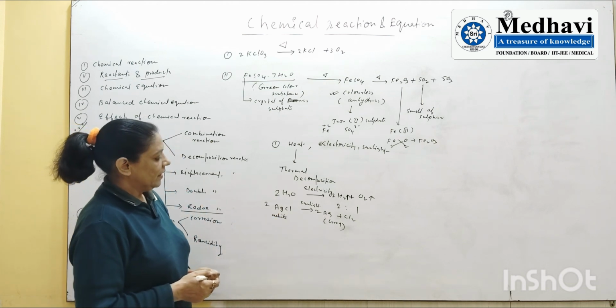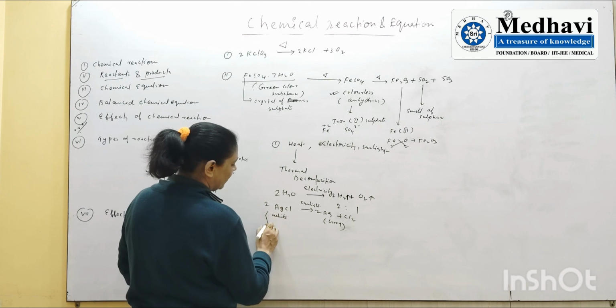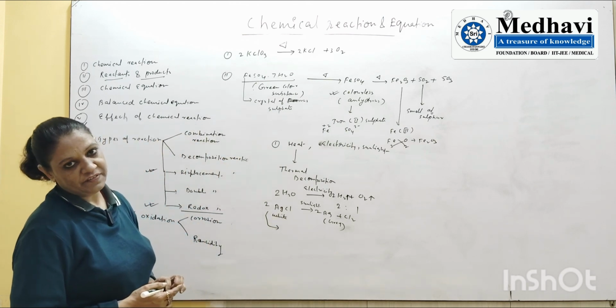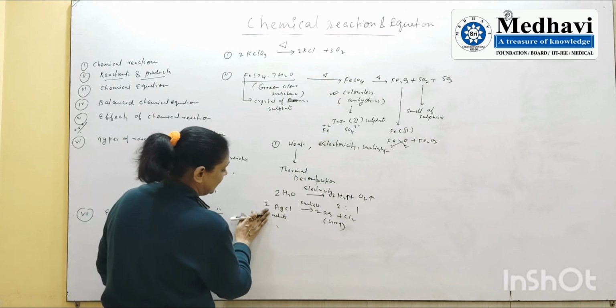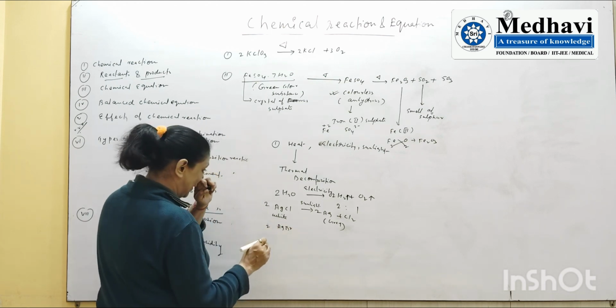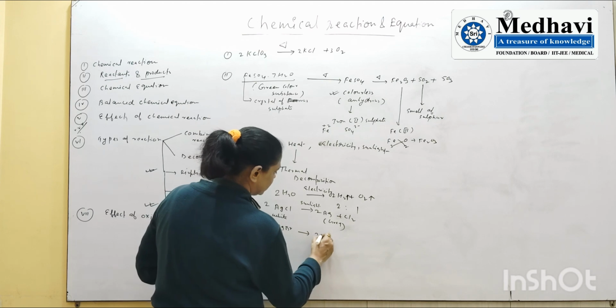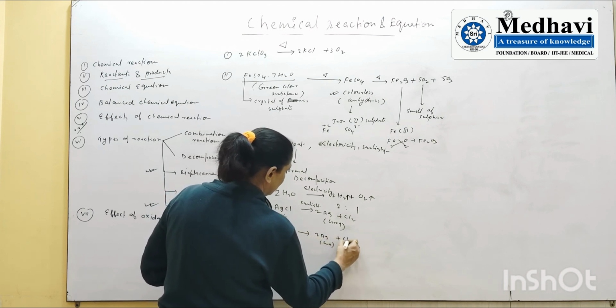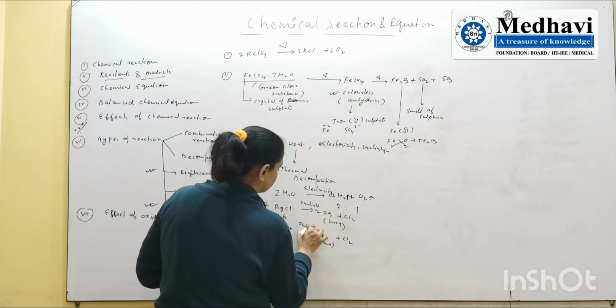This is a very important compound because it is used in black and white photography. Another example is silver bromide, AgBr. This is also a white substance. This also turns to grey color when it is kept in presence of sunlight.